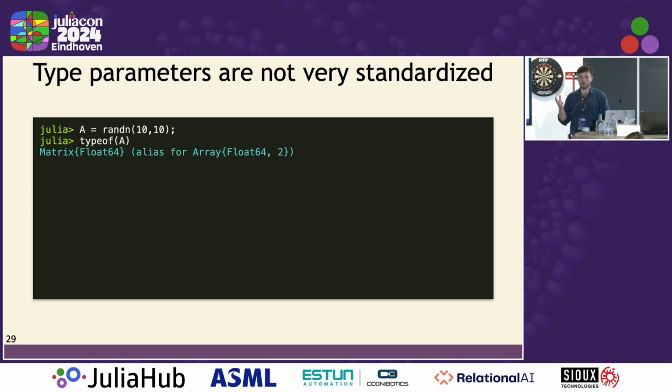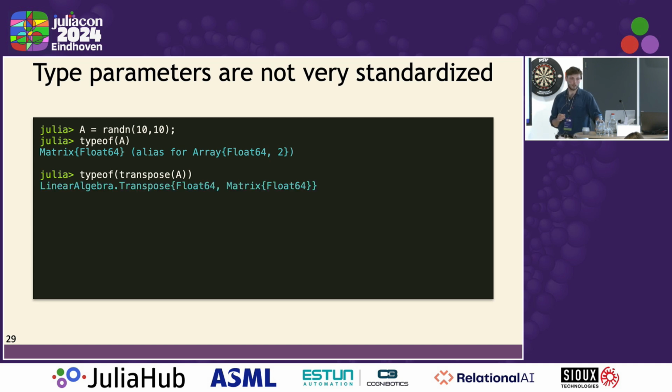All right, so if we think about maybe abstract array types are going to have an L type and then an ndim always. So what does the type of the transpose look like? Well, okay. Transpose is some wrapper, and it has L type, but now it has the parent type, the matrix of float 64, and it doesn't have ndim information exactly in the type parameters, but we can ascertain that by moving down into the wrapped type.